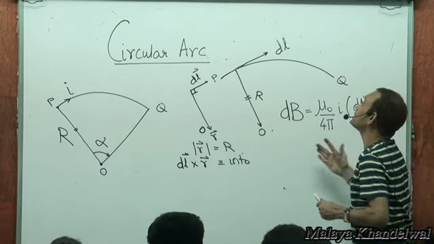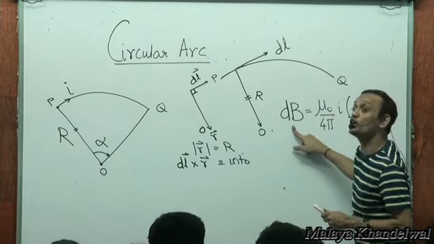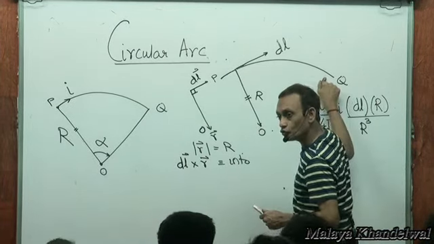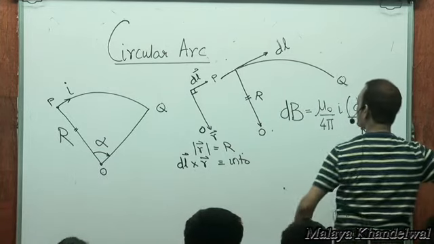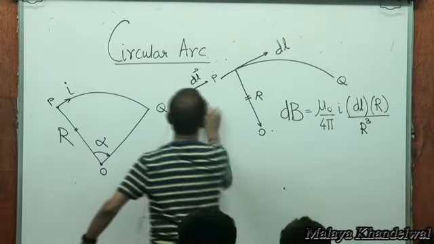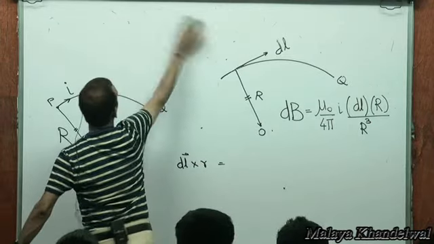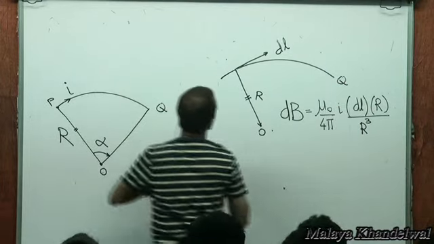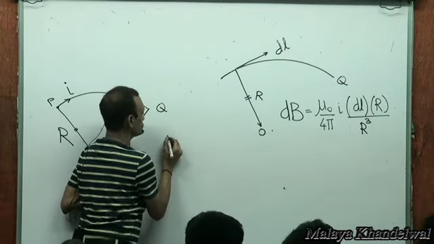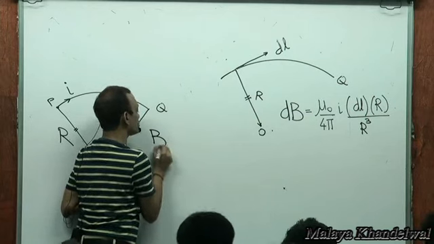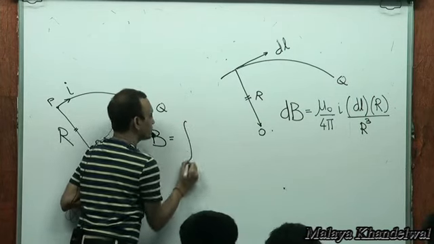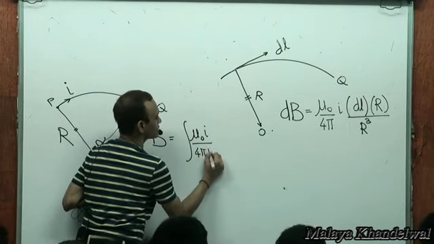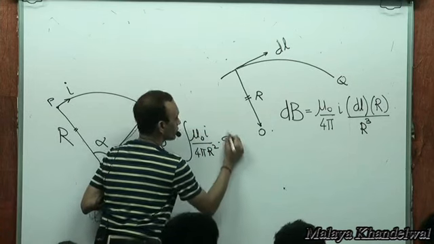All that I need to do is carry out a scalar summation of all these dBs by taking dLs from P all the way to Q. Right? So which means now, the net B produced at the center of the circular arc would be a scalar summation: mu naught I by 4 pi r squared dl.